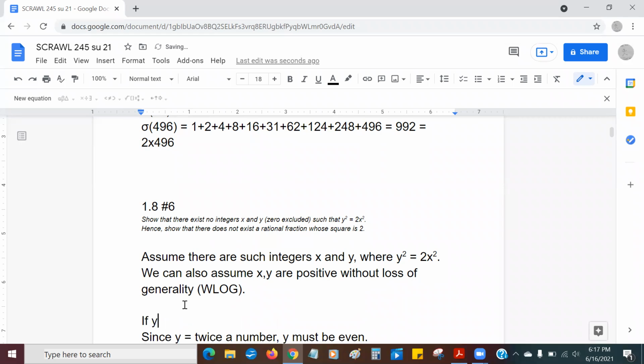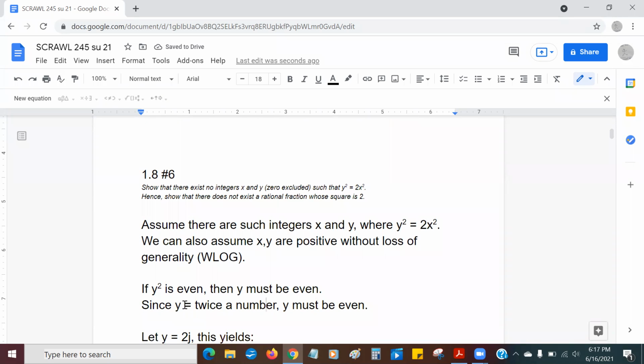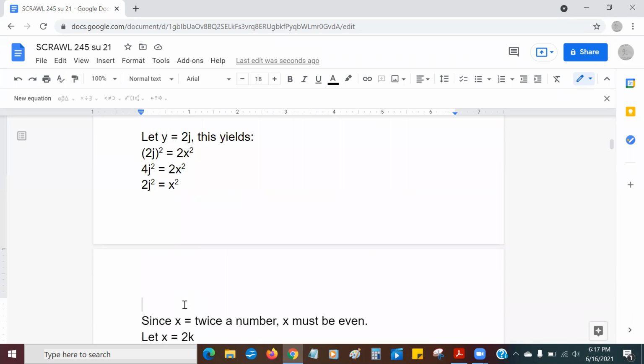I should have written that explicitly, so I'm doing it right now. If y squared is even, then y must be even, and since y is even, it's twice a number. I wrote this in a clumsy, awkward way, but let's go on with the proof.